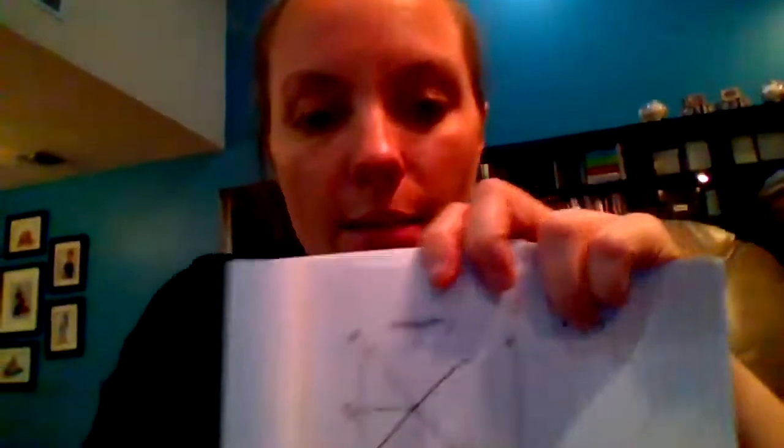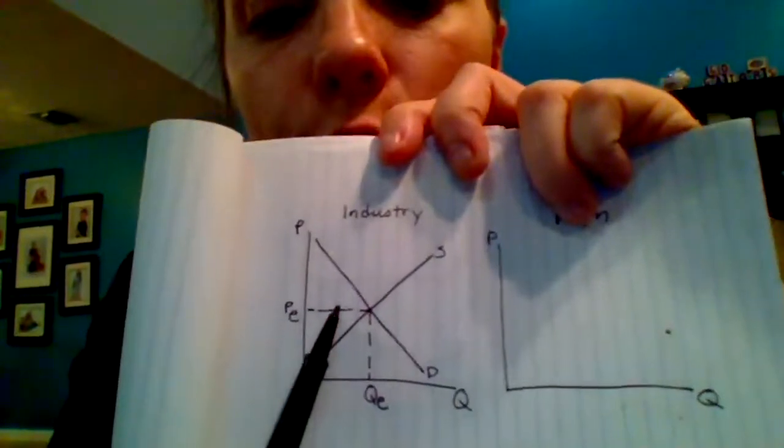Now, because this market is perfect competition, I have the perfect man. So I need to take my price right here and drag it all the way across to make him perfect.